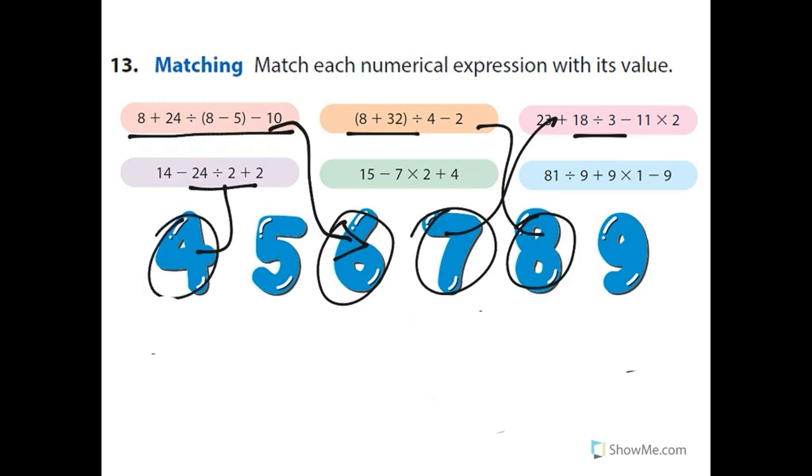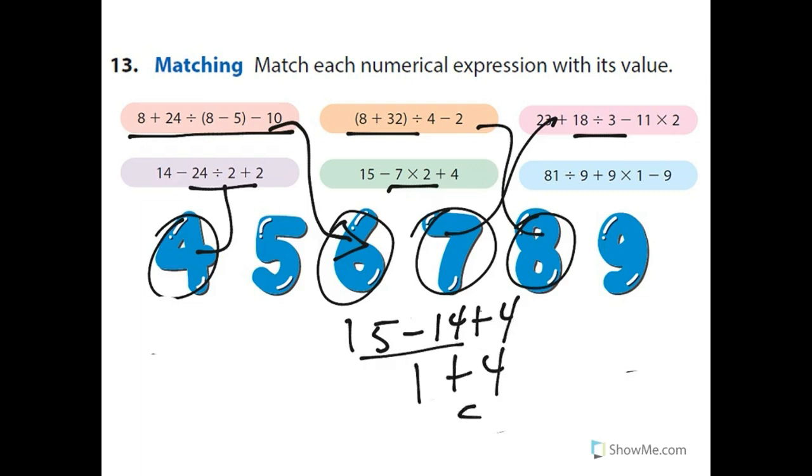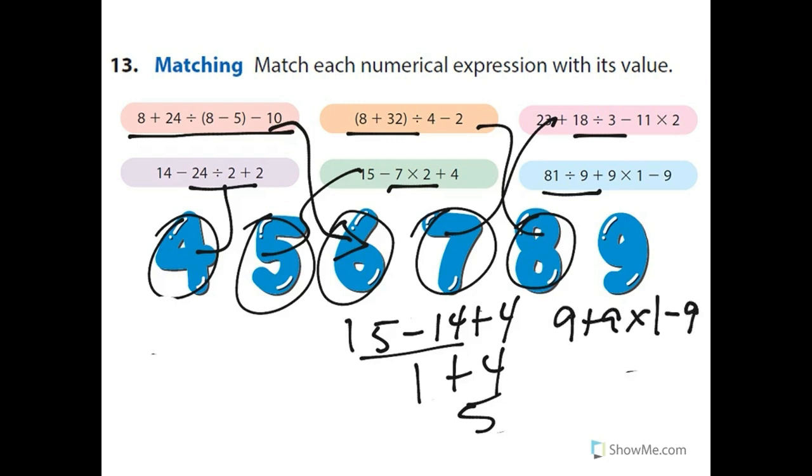Alright, this next one, 7 times 2. So 15 minus 14 plus 4. 15 minus 14 is 1, plus 4 equals 5. Alright, and our final one here. Division is first. So 81 divided by 9 is 9, plus 9 times 1 minus 9.